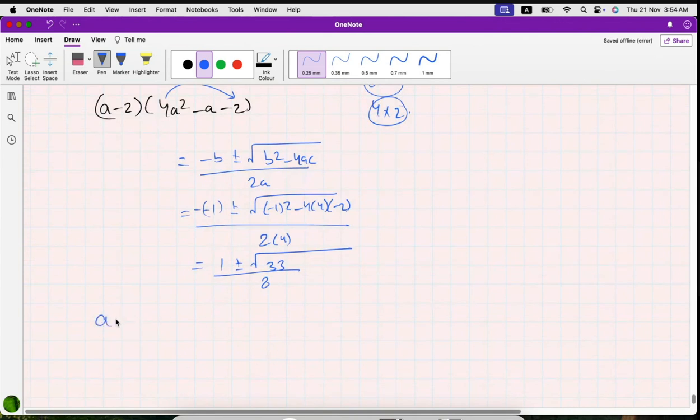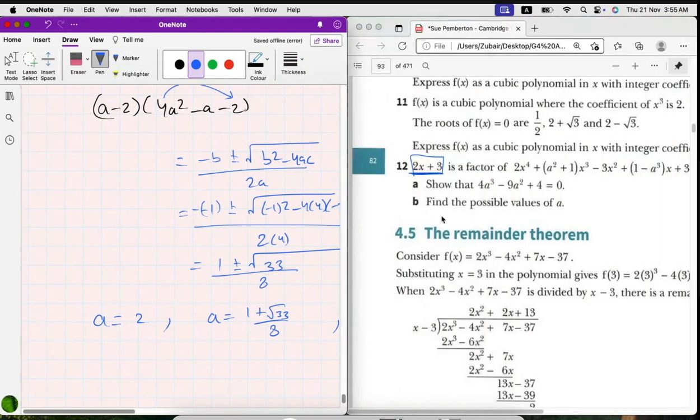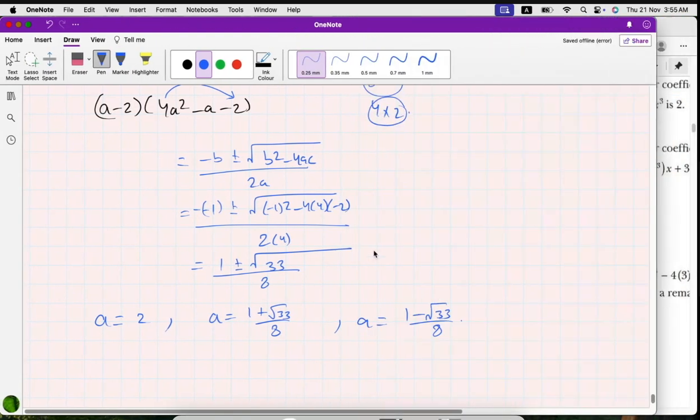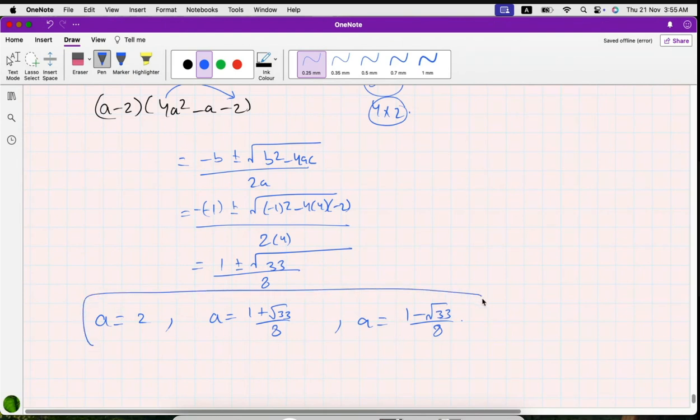So basically a is equal to 2, a is equal to 1 plus square root 33 by 8, and a is equal to 1 minus square root 33 by 8. Find the possible values of a. So these are three values of a.